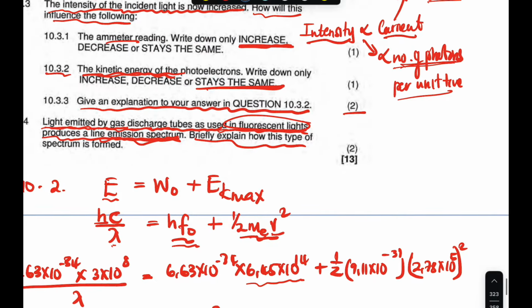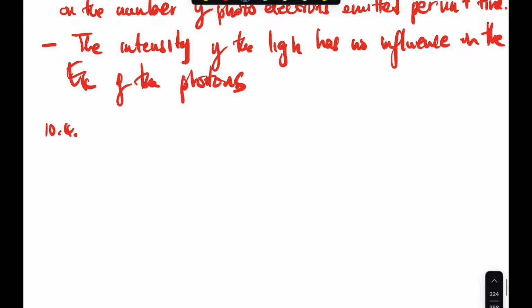This is the key word here, the line emission spectra, which means that there's an energy released, which means the electrons are coming from the higher energy state to a lower energy state.